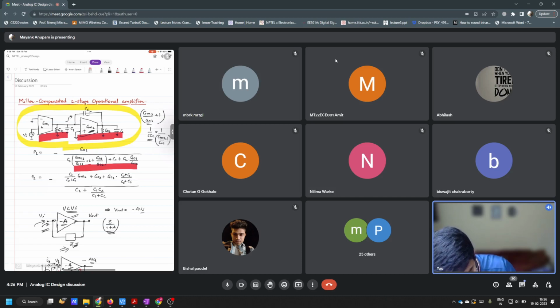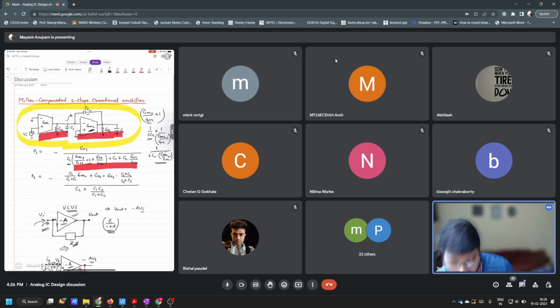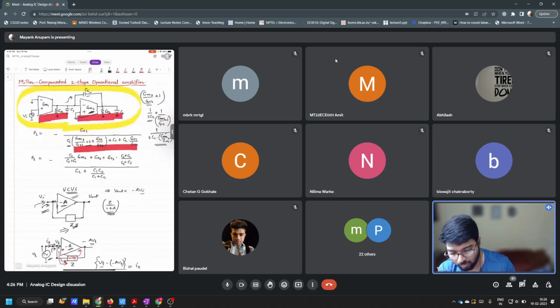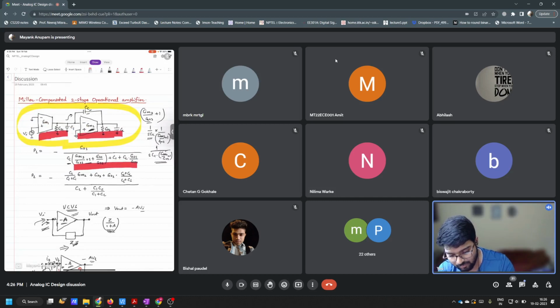Fine. So you can say that the impedance is decreasing here for the capacitor, but effectively the capacitor is getting multiplied by this factor, gm2 by go2 plus 1. So that is why you see this factor here, CC into gm2 by go2 plus 1. This is why it is called Miller compensation, because it is using Miller's effect.